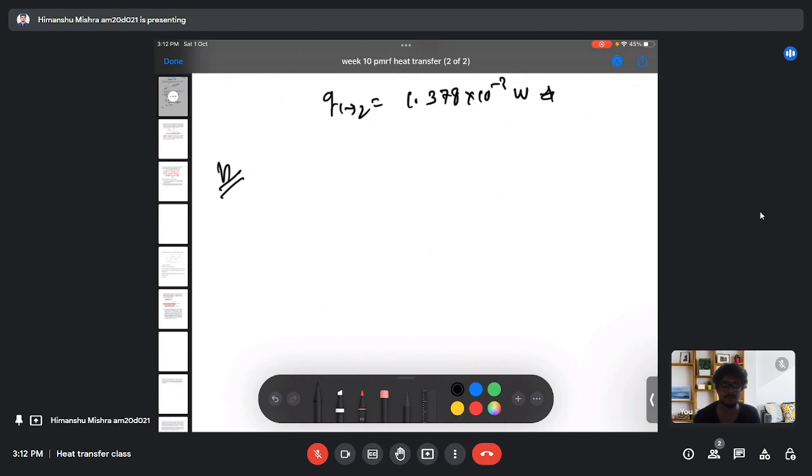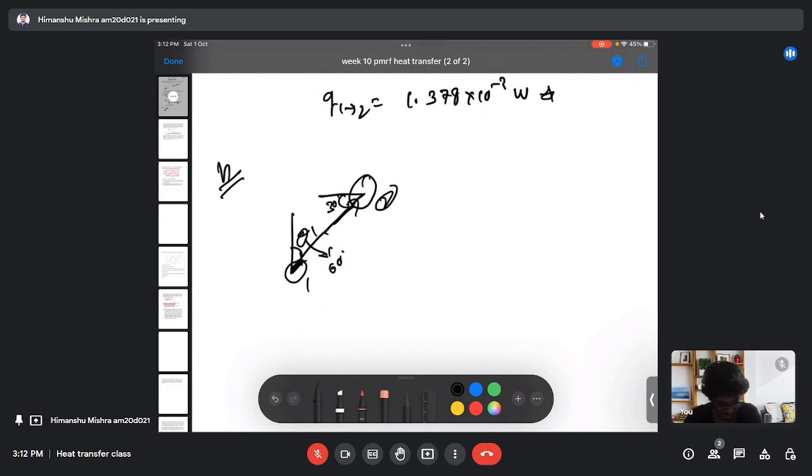In our problem, body 1 is emitting radiation at theta 1, and all of this radiation is reaching body 2 at an angle of 30 degrees, and this is my 60 degrees. We already found the heat transfer from this body through radiation, and whatever radiation is there will reach body 2.